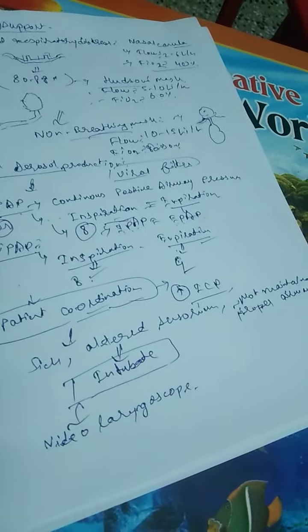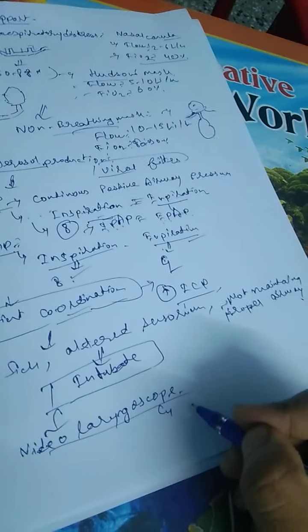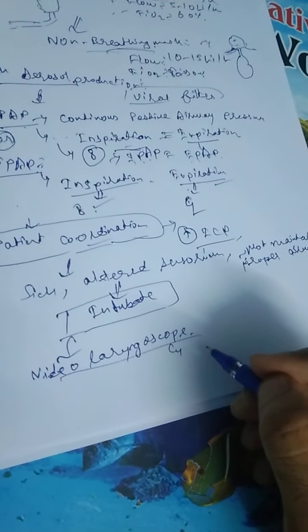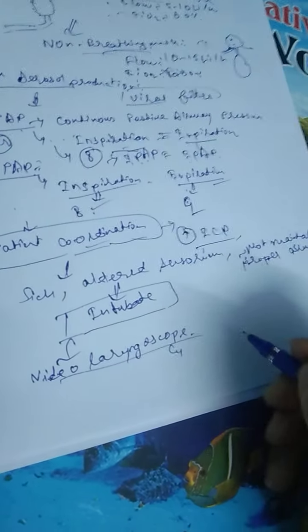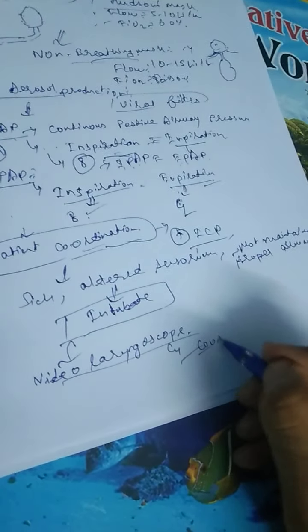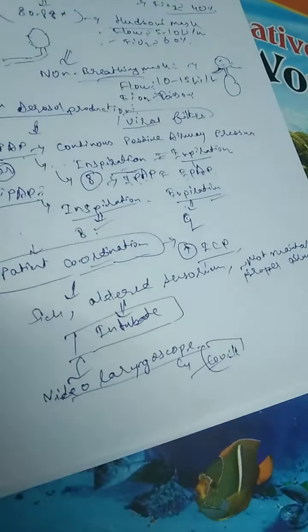It also has a reduced chance of generating aerosols, so it maintains the safety of the healthcare workers also. So video laryngoscope is really in use for COVID. And after this we have to do the intubation and put the endotracheal tube.